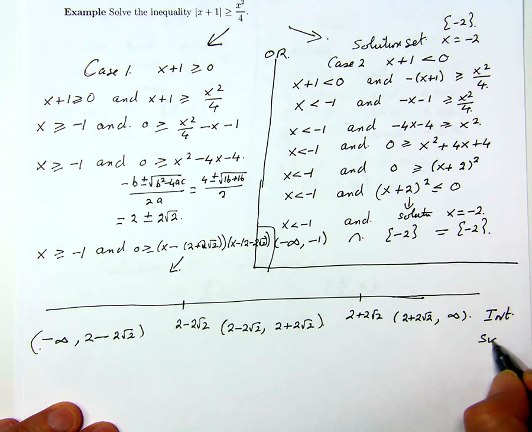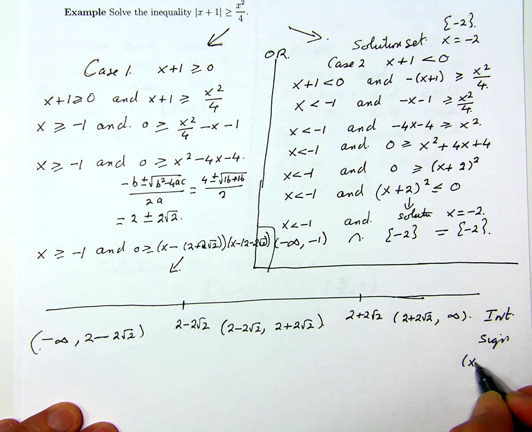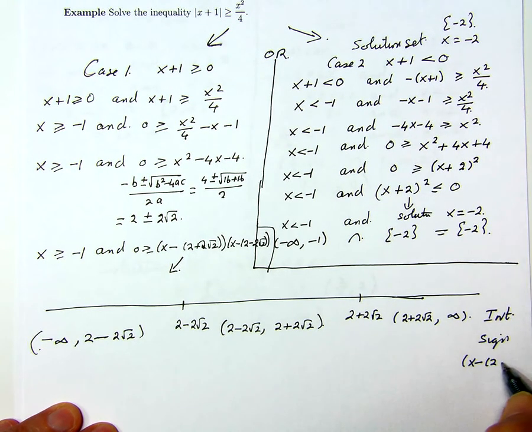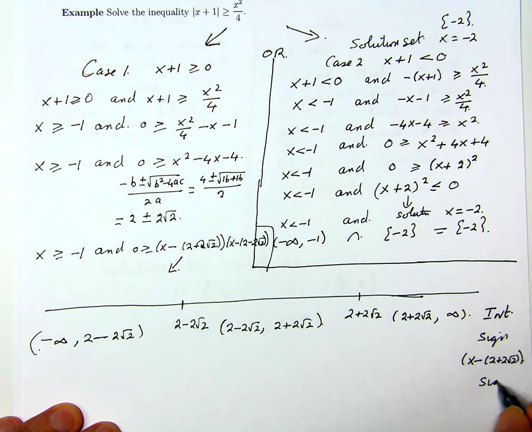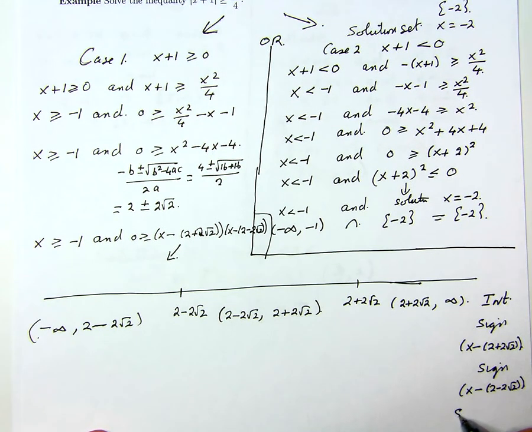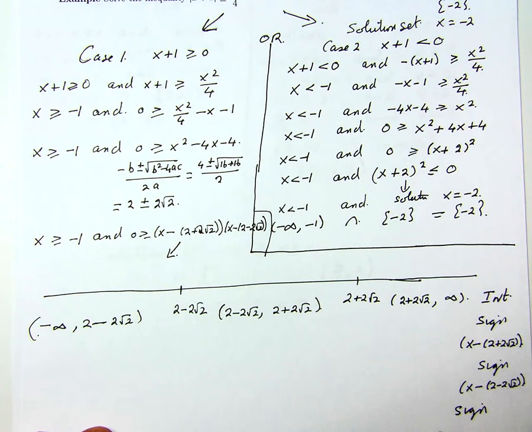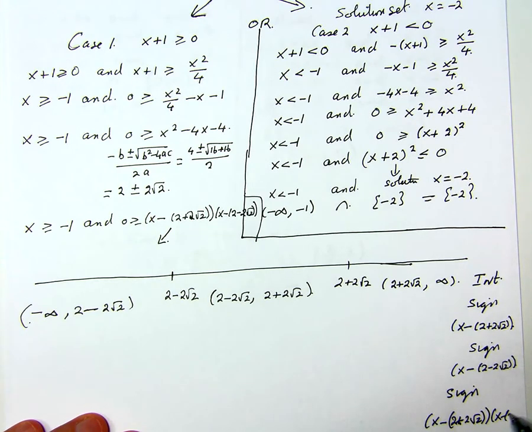So the sign of each of the factors, x minus 2 plus 2 times the square root of 2 and x minus 2 minus 2 times the square root of 2, is going to determine the sign of the product of these two factors.